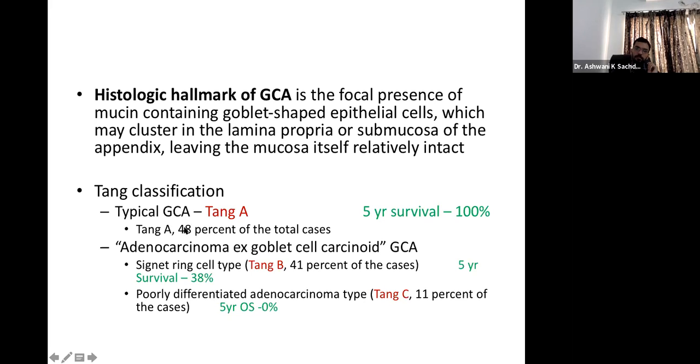Typical goblet cell carcinoid is Tang A. They are seen in 48% of the total cases, and 5-year survival is about 100%. Another variant is adenocarcinoma ex goblet cell carcinoid. There are two types: signet ring variant, Tang B, has 5-year survival of 38%, and poorly differentiated adenocarcinoma, type C, has 5-year survival of 0%.